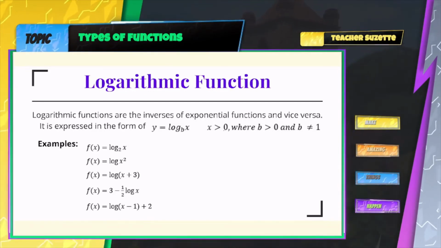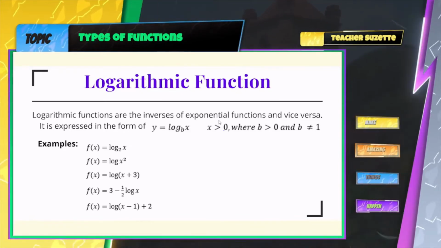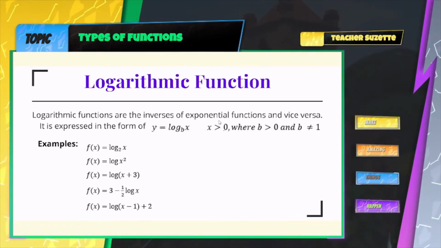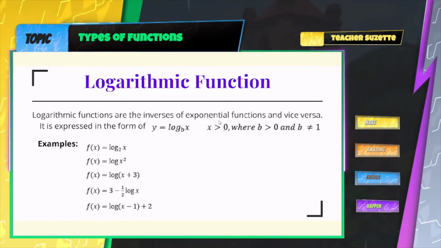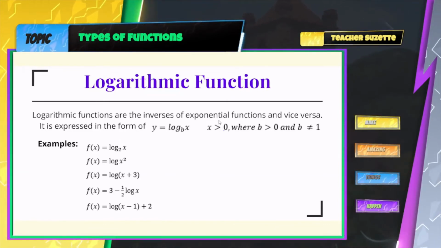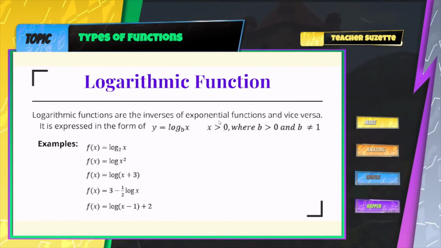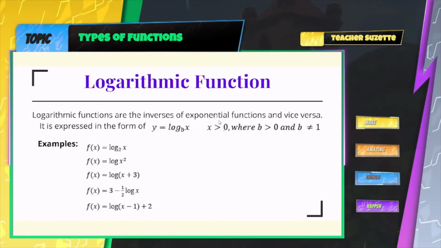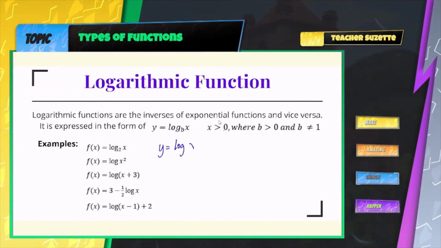When we say that logarithmic functions are the inverse of exponential functions, it only means that you can rewrite your logarithmic function into an exponential function. Or vice versa, from an exponential function you can make it a logarithmic function. Let's take for example our general form, y is equal to the logarithm of x base b.